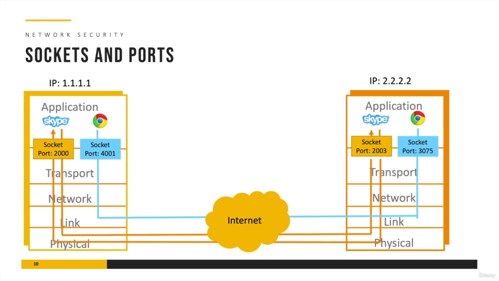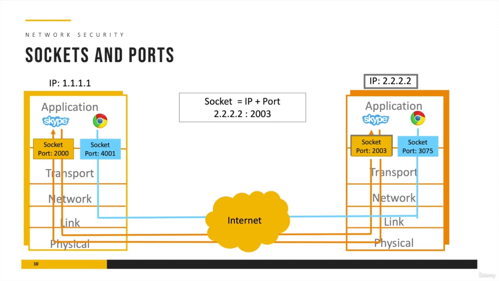Now we come to the concept of a socket. It's kind of the same concept as the port with just one additional caveat, and that's the IP address. So what's a socket? A socket is IP plus port. For example, if you're sitting anywhere in the world and you want to send data to this Skype application running on this particular system, then you need to use the IP of this system so that your packet can be routed to this system, and then port 2003 on this system so that the transport layer knows where to deliver the data.